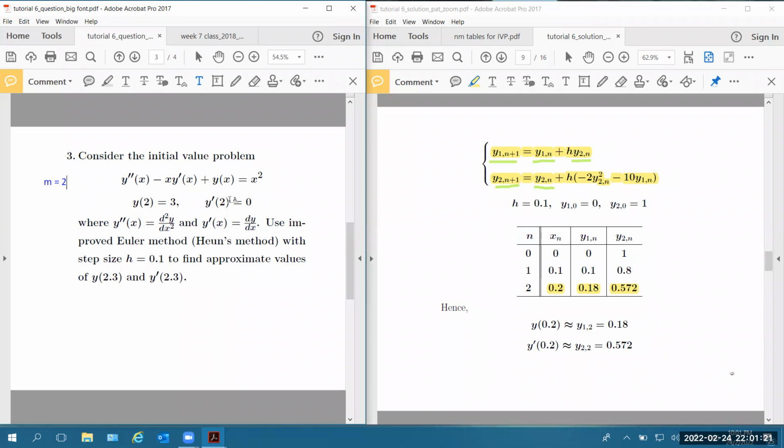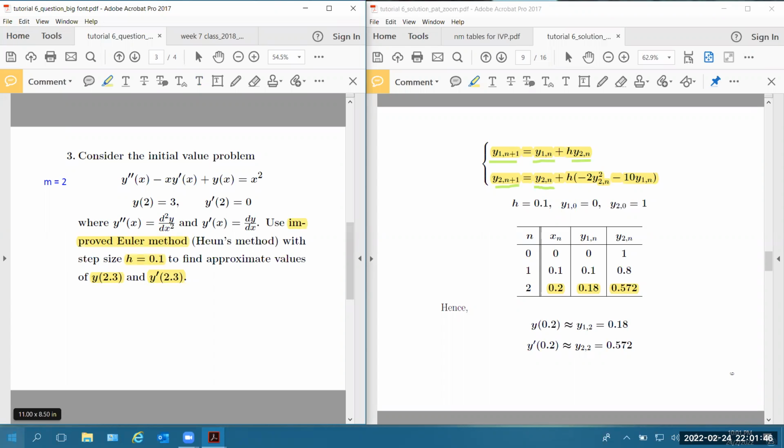We have an initial condition here. This time we want to use the improved Euler method, with this step size, to find approximate values of this and this.